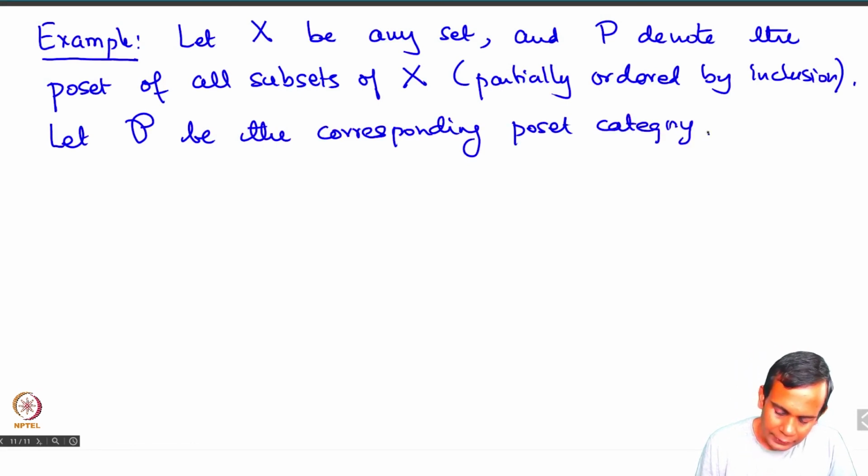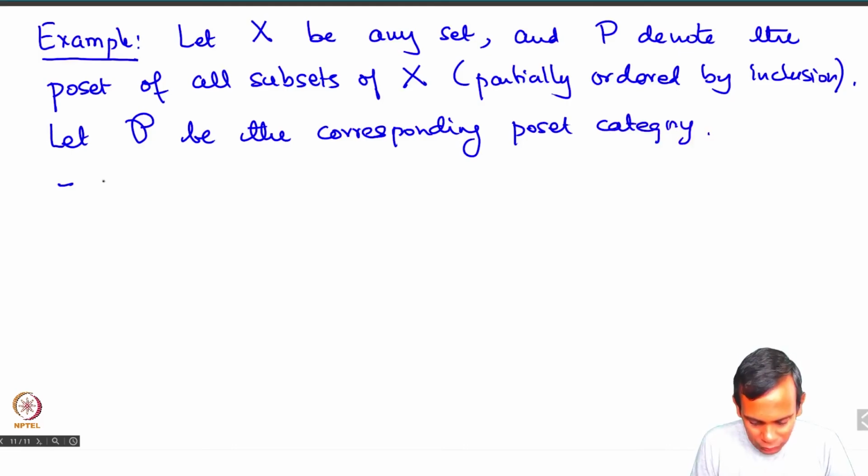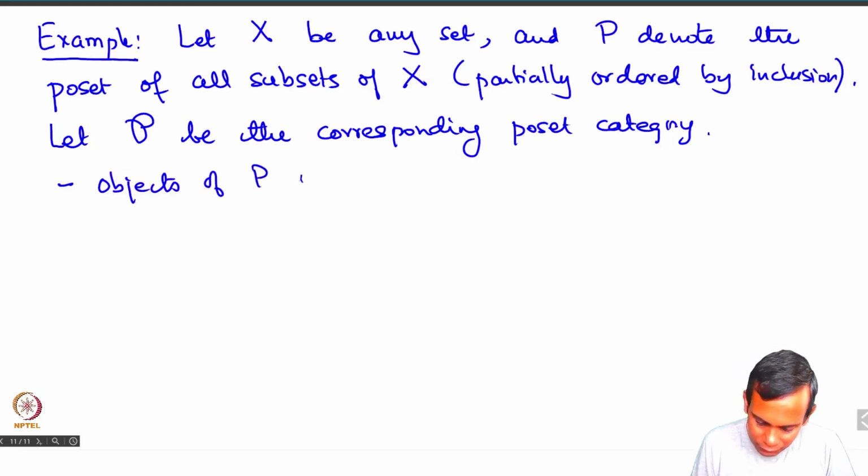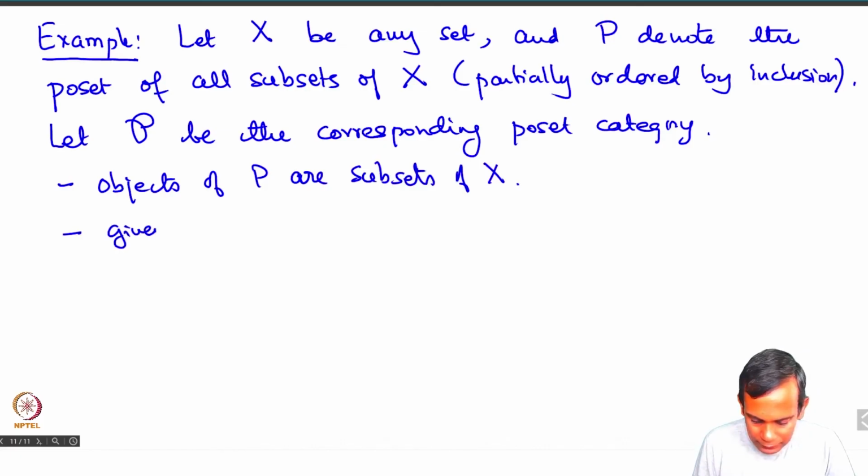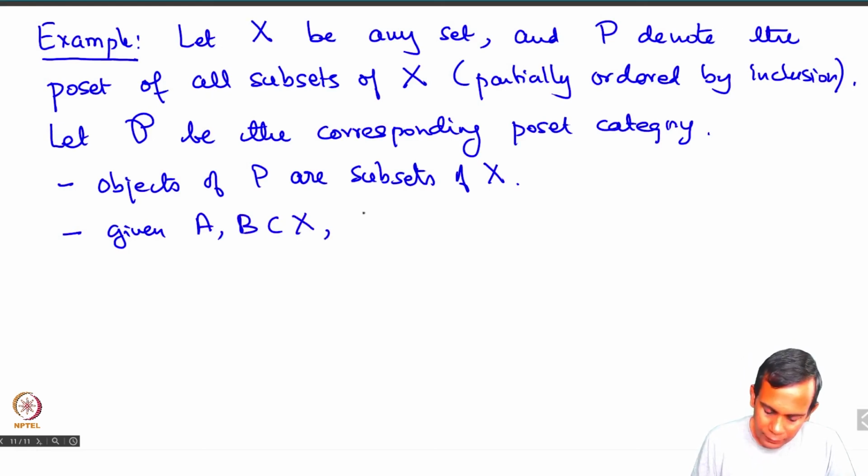In this category, objects are, so we've discussed this category before. Objects of P are, in this specific case, subsets of X, and given subsets A, B, there is a unique arrow. So let's just write it down.